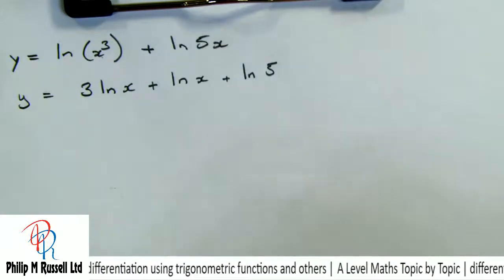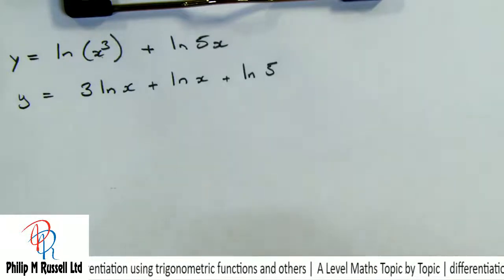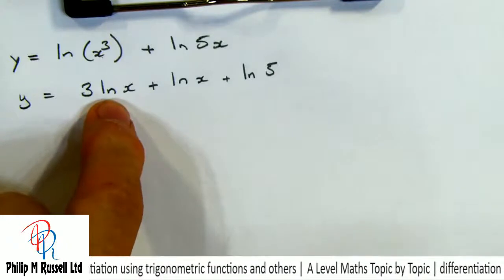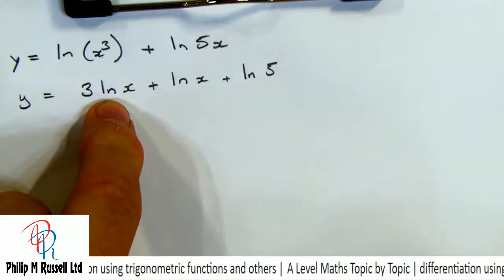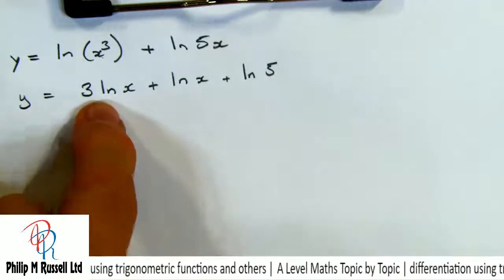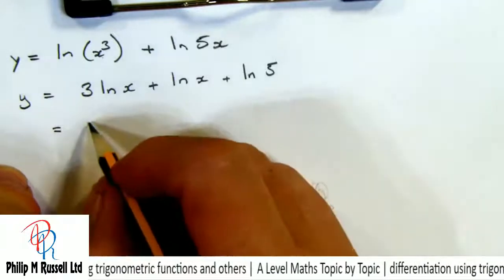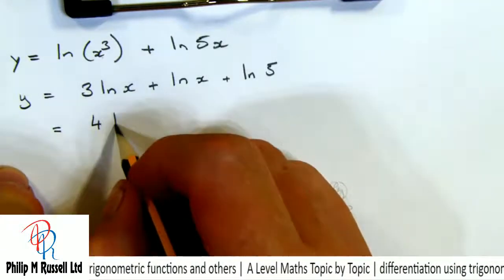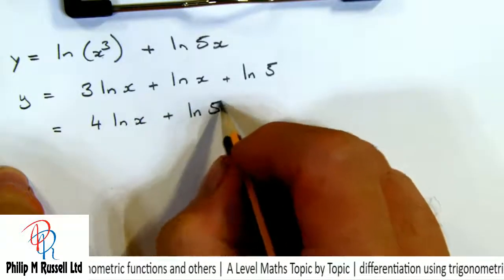So I've got ln of x and 3 lots of ln of x, so that's actually going to give me 4 lots of ln x plus ln of 5.